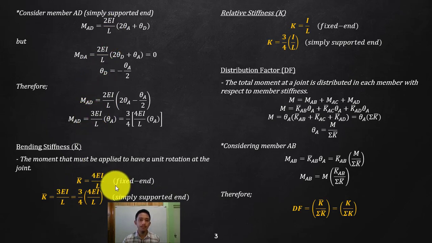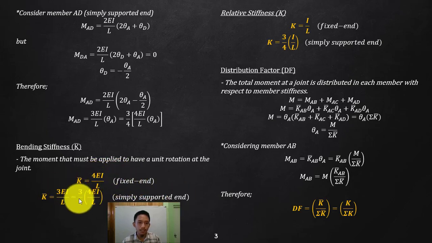However, since it is always simpler to express one quantity in terms of another, since later on we will be solving it, so that you will not be confused. But it's okay, you can use this as is, as 4 EI over L, and then 3 EI over L. But for simplicity, we can express the simply supported in terms of the fixed end.